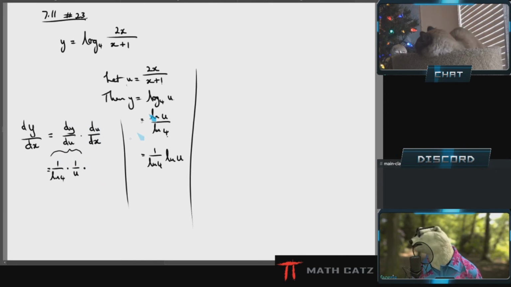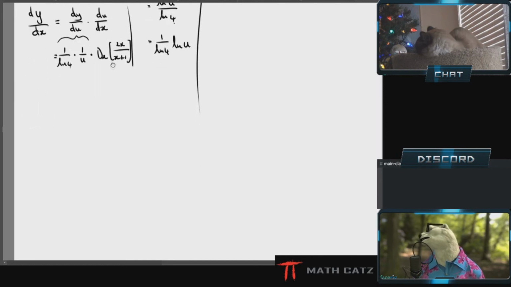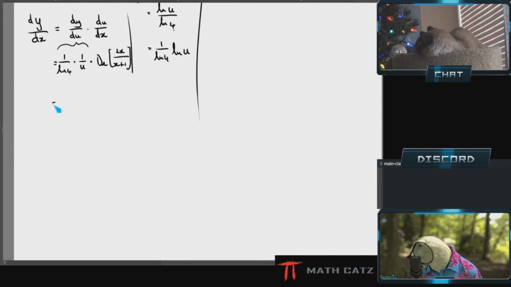Then the derivative of the u function, which I don't have space to put there, so I'll remind myself what still needs to be done. Replace back what u is. Don't change a thing. It's unpleasant. That's what it is. I put it back. Oops, eraser mode. There we go.